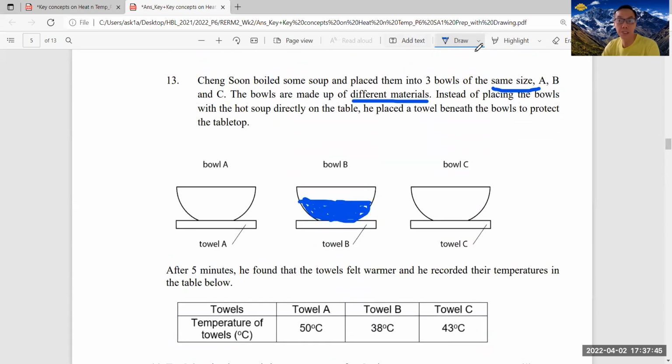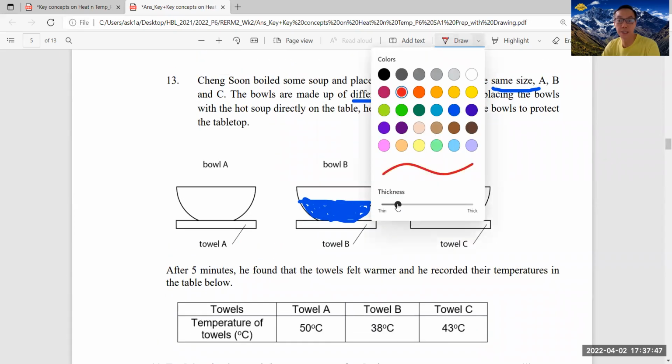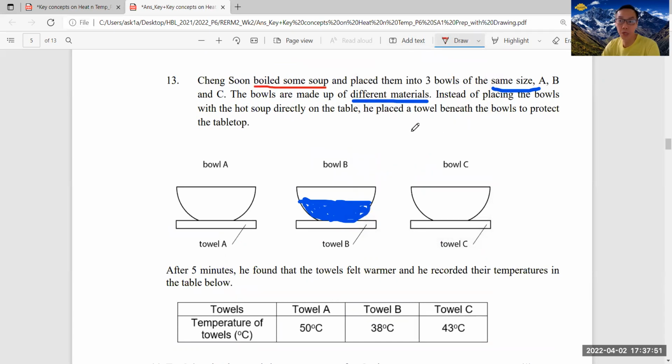So you notice this part because it says that he bought some hot soup. So it's boiling hot, right? Maybe the soup is like 90 degrees. When you pour the hot soup inside, the first thing that gains heat is the bowl, because the bowl is in direct contact with the soup.